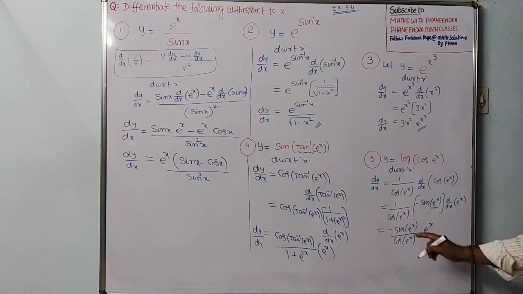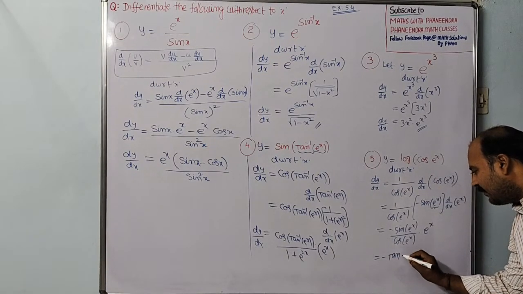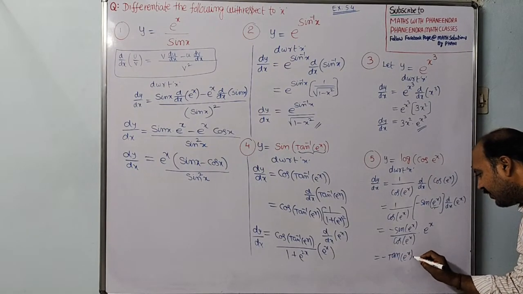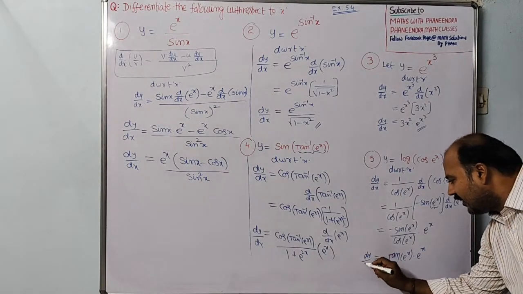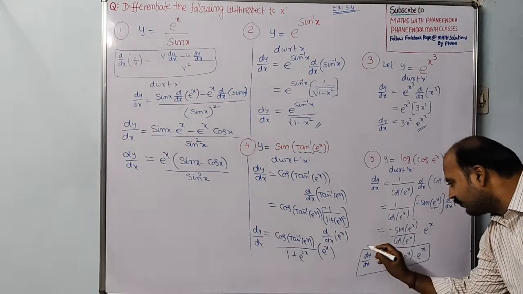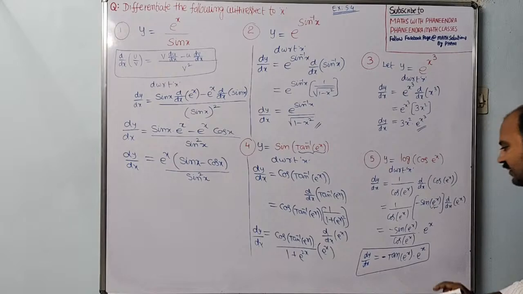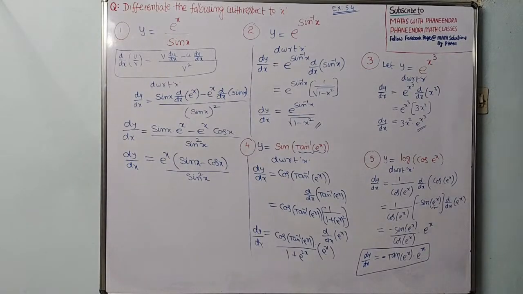E power x. Sin by cos is what? Tan. So minus tan e power x into e power x. So dy by dx is equal to minus tan e power x into e power x. I hope everyone understands.